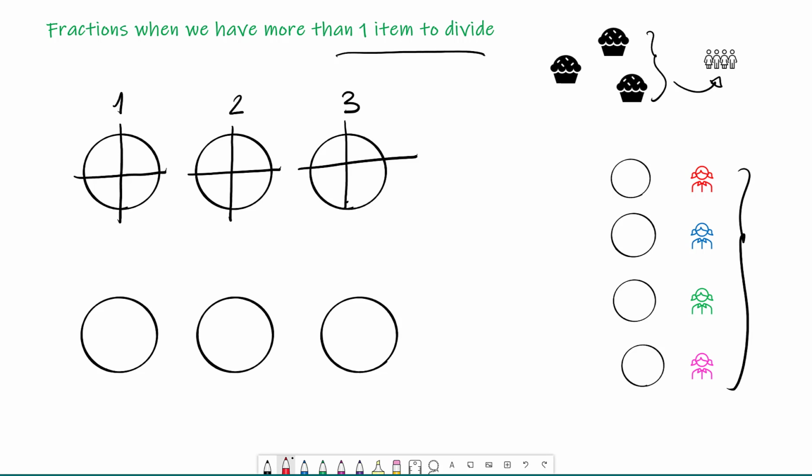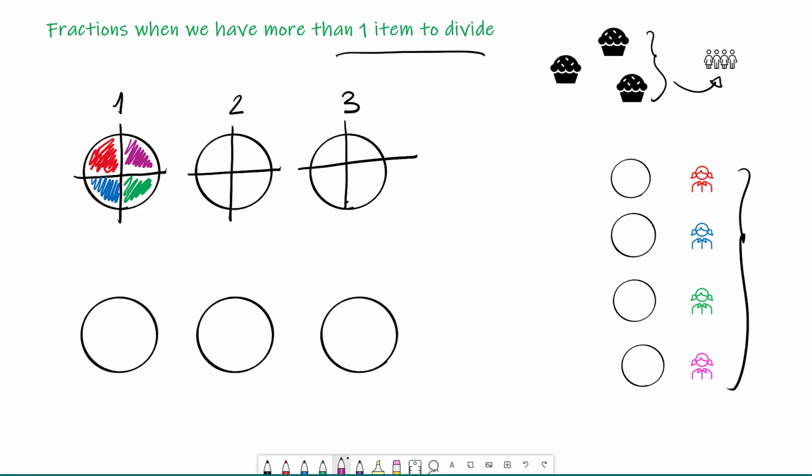So in our first pizza, we're going to give this slice to the red kid, and this slice to the blue kid, and we have a slice for the green kid, and we have a slice for the pink or purple kid. Okay, so each one gets a slice from that first pizza.